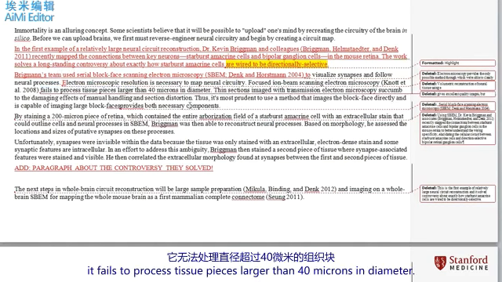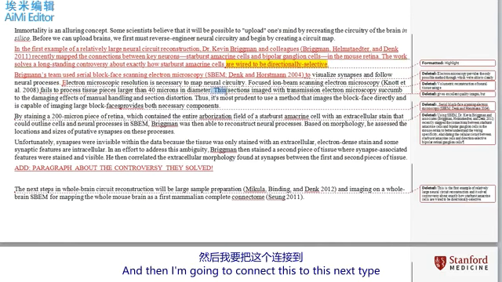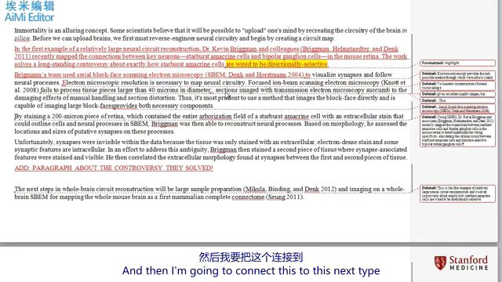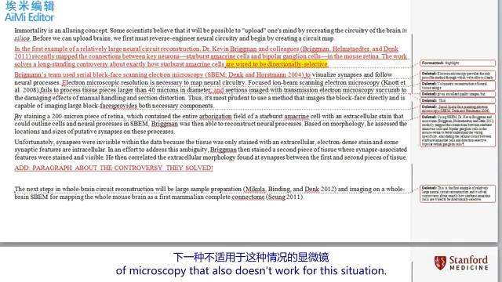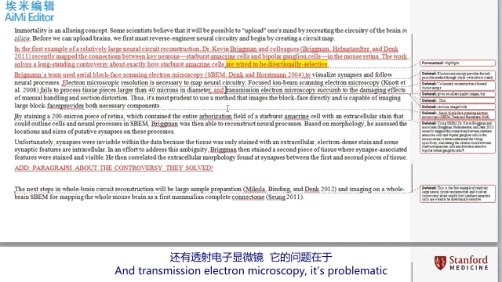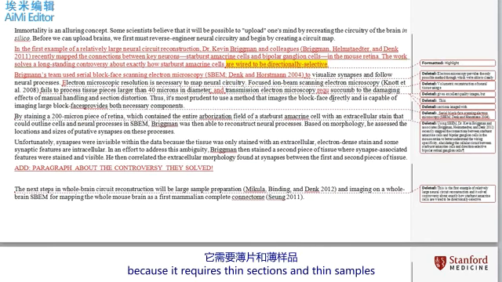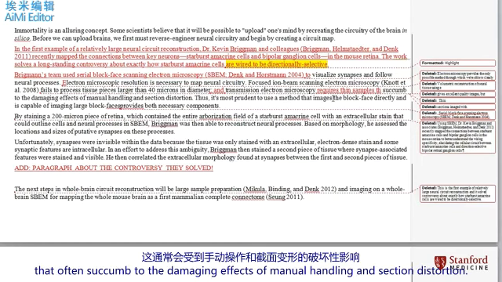So we could just say it fails to process tissue pieces larger than 40 microns in diameter. And then I'm going to connect this to this next type of microscopy that also doesn't work for this situation. And transmission electron microscopy, it's problematic because it requires thin sections, thin samples that often succumb to the damaging effects of manual handling and section distortion.